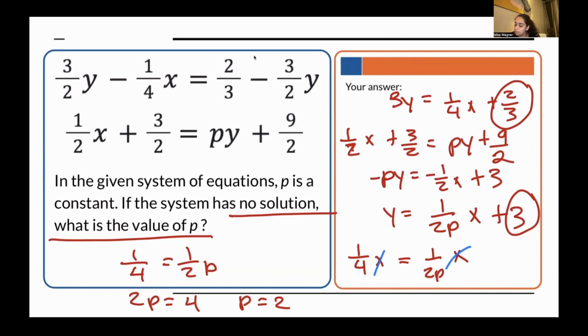It's 1/2 x plus 3 over 2 equals py plus 9 over 2. You can rearrange it to be 1 over 2x minus 3 equals py right here, if you go from this to there, which is what we have. Yeah.